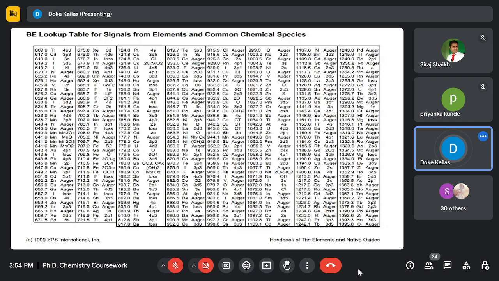From this table, I denoted these peaks: 66 electron volts. Comparing this 66 electron volts with this number in the table, 66 is for nickel, having 3p electrons.